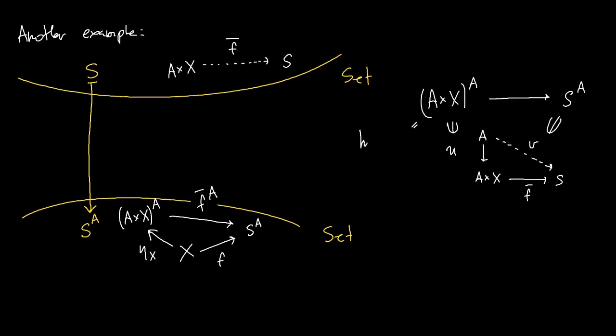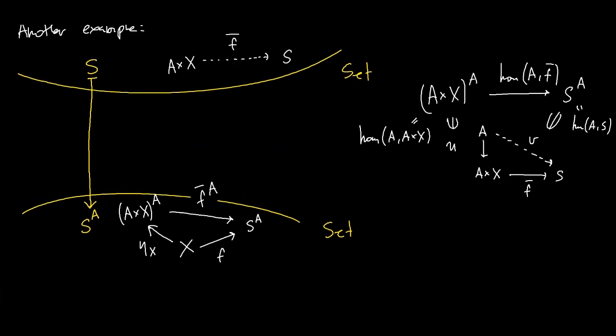Another way of thinking of this is that this is our hom set, A cross X. This is our hom set, A to S, and this is our hom map, A f bar, which is just composing with f bar. So I'm claiming now that for every f there is a unique f bar such that the triangle commutes.